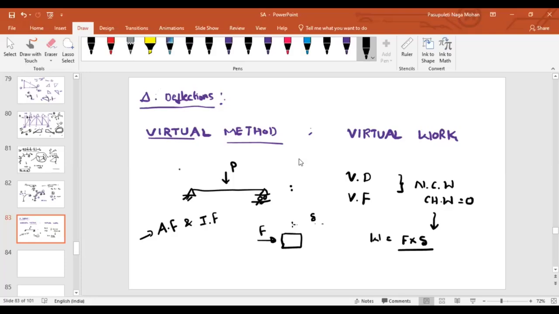Externally means because of the applied virtual force. Internal means because of the virtual forces generated in the connected members of the object. So we can say the work done by the external will be equal to the work done by the internal. Indirectly I am saying that if I subtract these two, or take either one to the left or right, then the net value will be equal to 0.